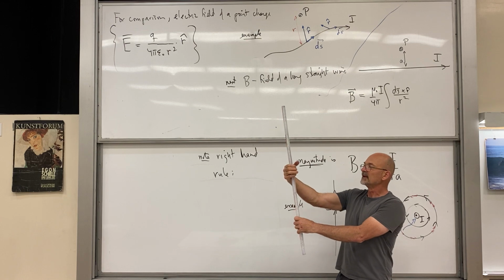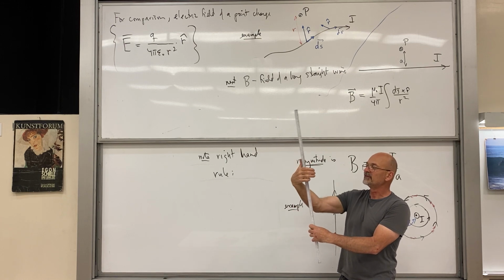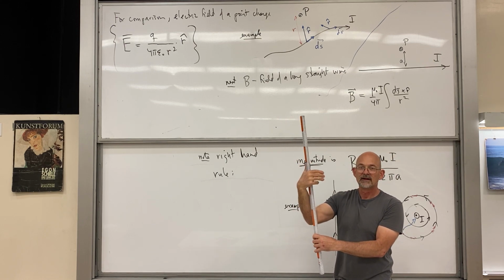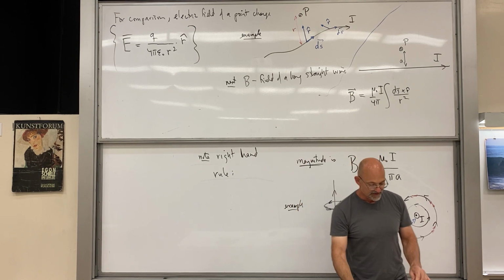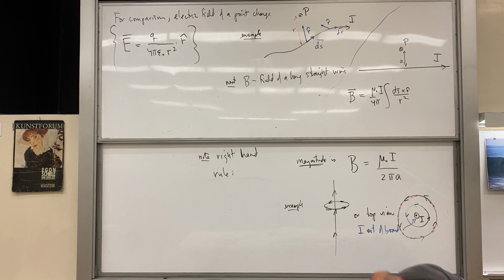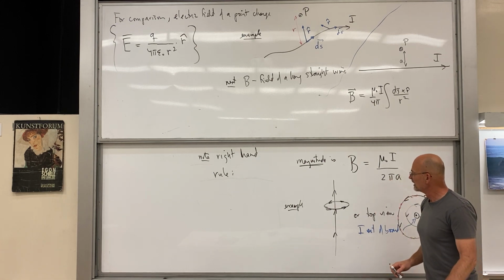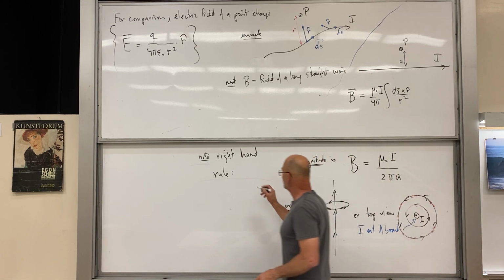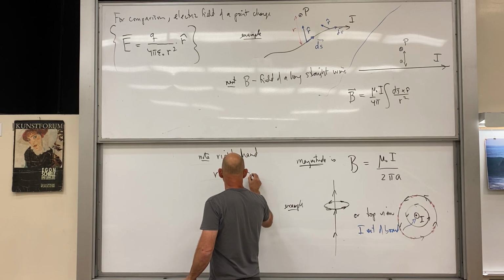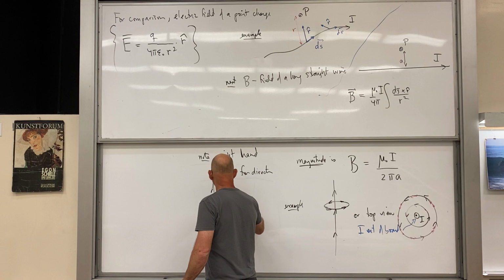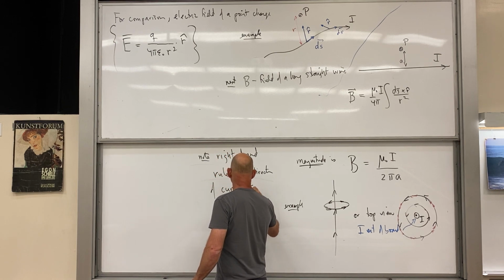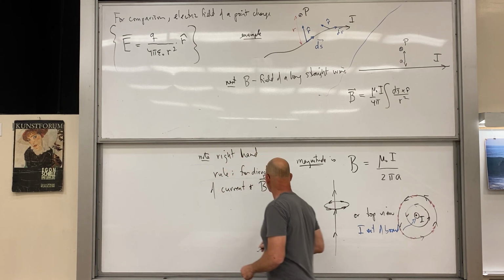The current is my thumb, and my fingers are the direction. The fingers are the direction of the B field. That's the right-hand rule for the direction of current and the magnetic field.